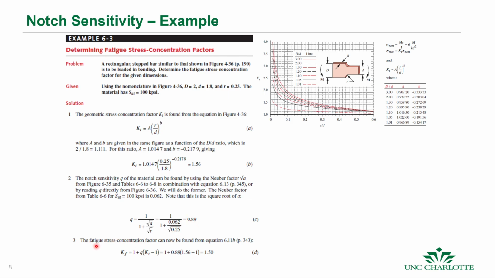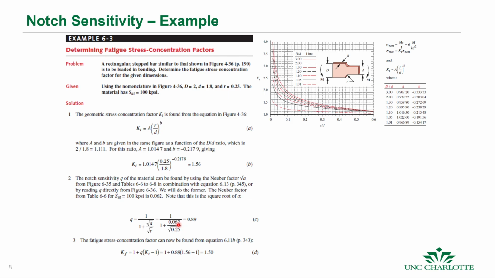And then we see that the fatigue stress concentration factor can be found just by plugging in the static stress concentration factor, which we found from this table, and the notch sensitivity parameter, which we just calculated here using the Neuber constant for that material.